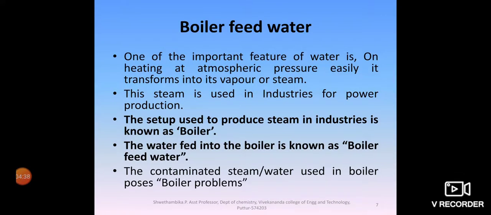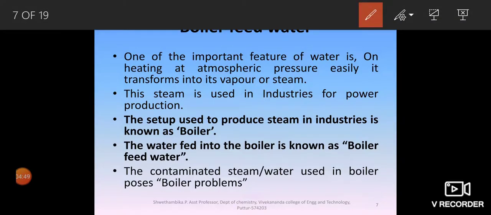Now let us begin with the topic, the boiler feed water. Here one important feature of water is made use of. As we know, water on heating gets transformed into vapor or steam.